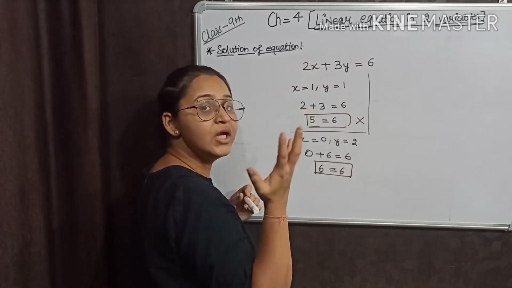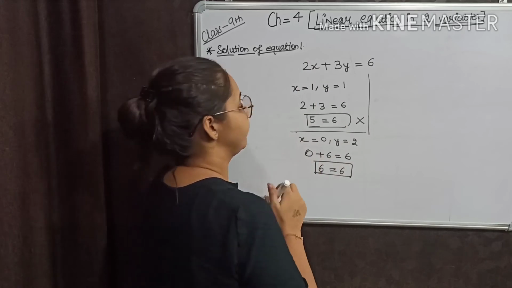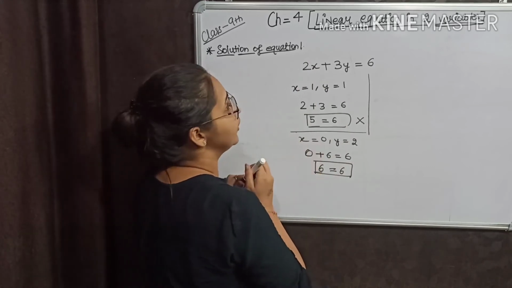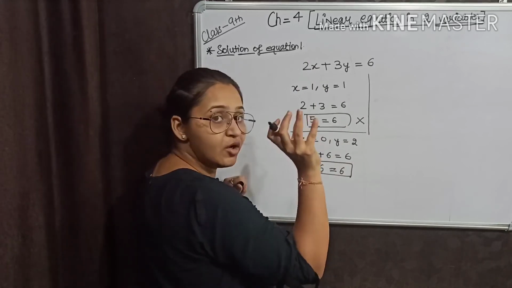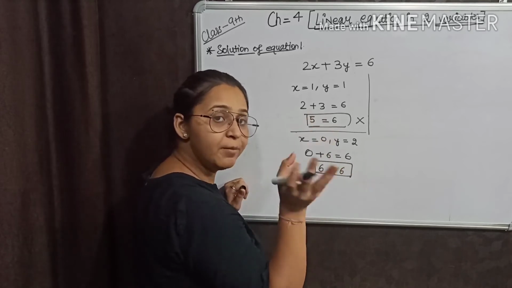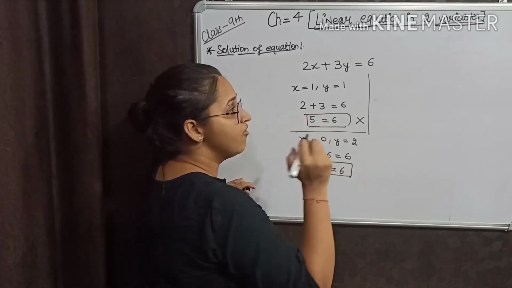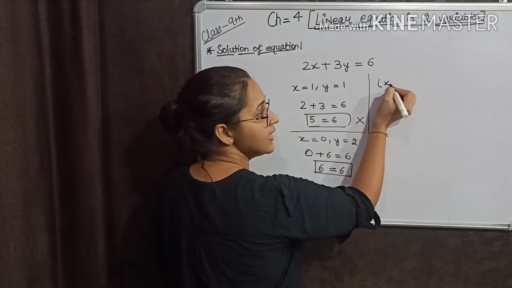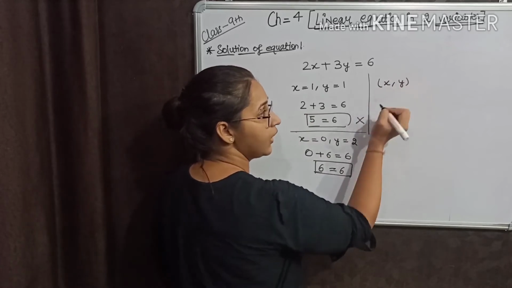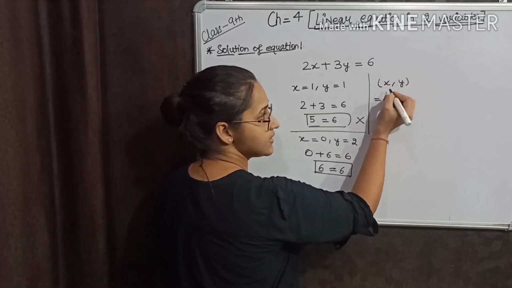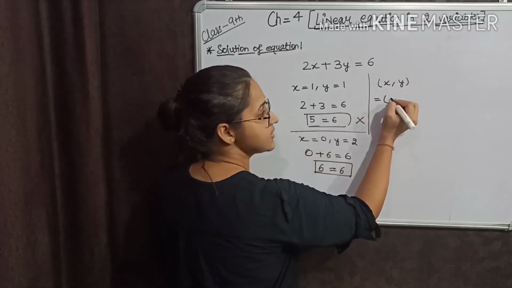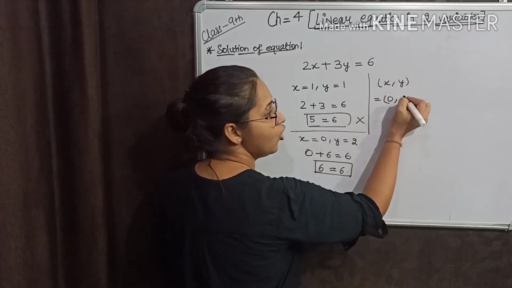Now, how will we write the solution? We will write the solution in ordered pair. Why in ordered pair? Because there are two variables now. First is x and second is y. So first write the value of x. x is 0 and y is now 2.